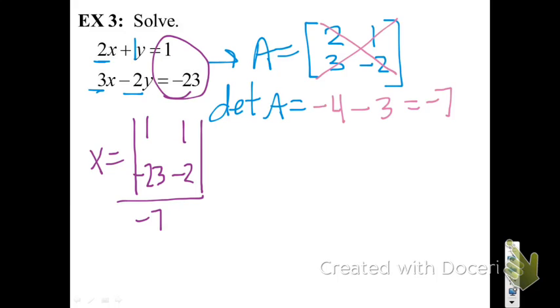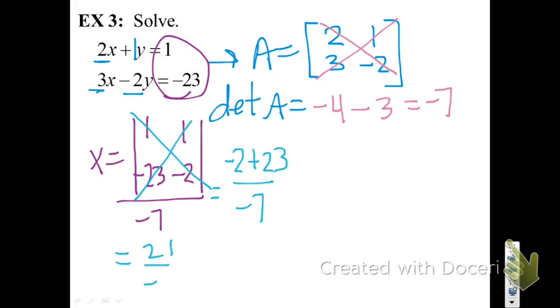And then we'll solve this by multiplying your diagonals. So that gives you a negative 2 minus a negative 23, so plus 23 over negative 7, and I'm going to do it down here. So this gives you 21 over negative 7, which is negative 3.